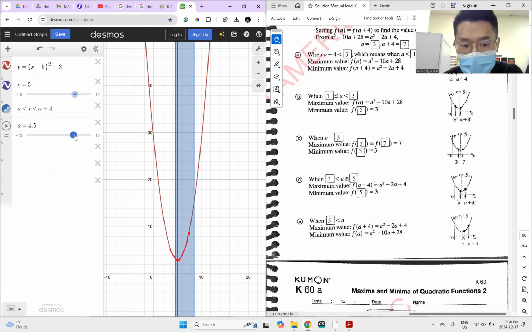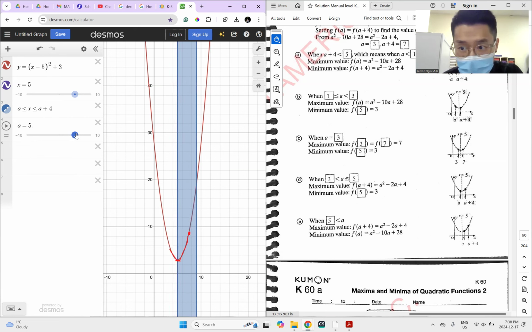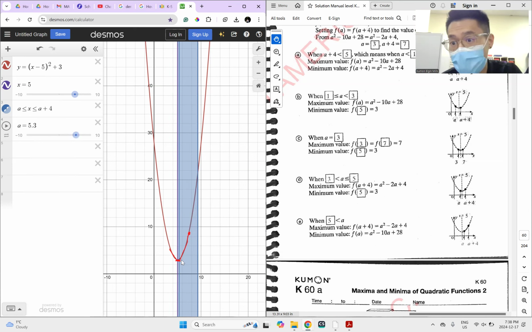Why is it 5 again? Because once it hits the 5, right, my minimum point is still the vertex. But once it's bigger than 5, which is my scenario number E, my minimum value is no longer the vertex. My minimum value is just the left side of the equation.